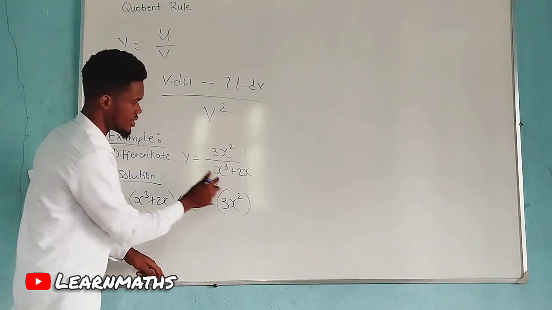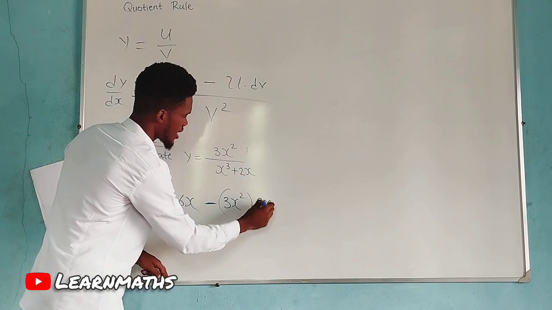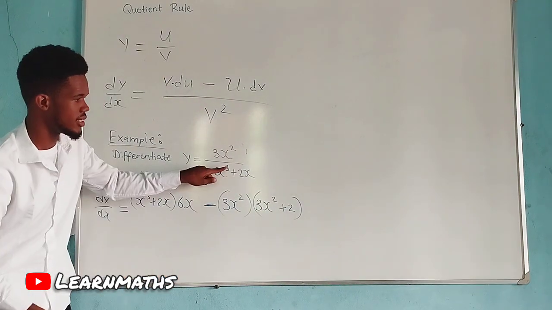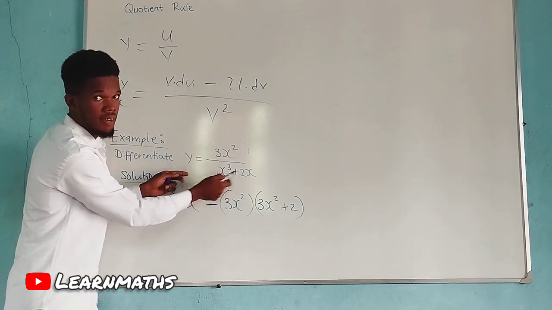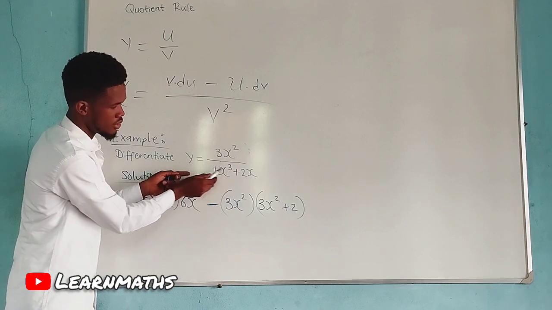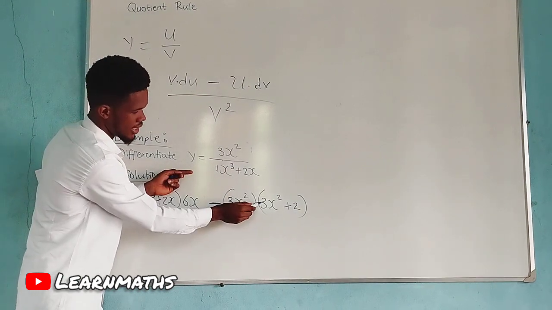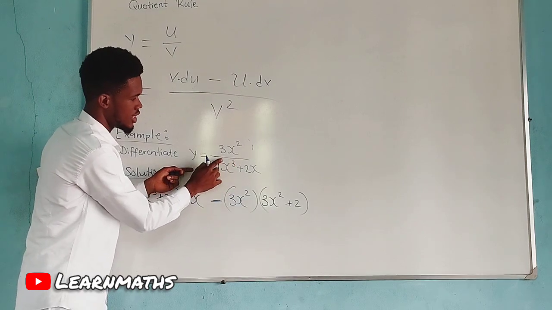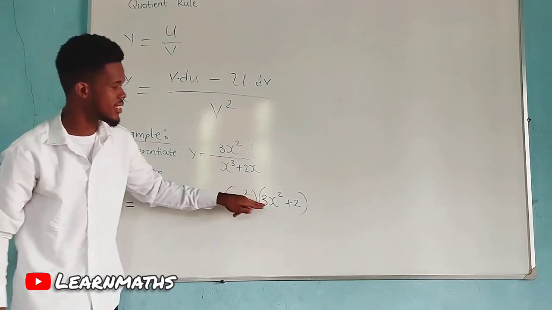The differential of v is going to be 3x squared plus 2. Let's see how we differentiate this to get this. The power of x cubed is 3, so 3 times 1 is 3. Then the power 3 minus 1 is 2. So the differential of x cubed is 3x squared.